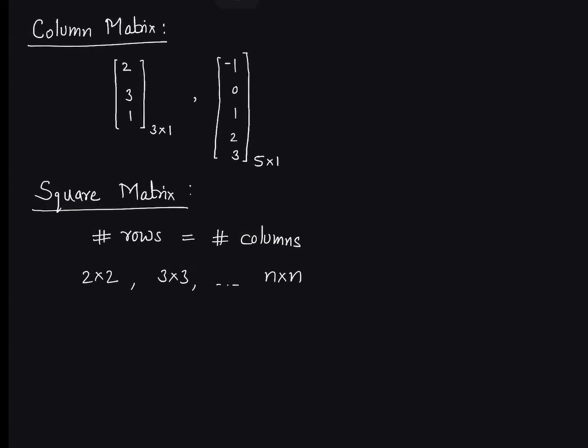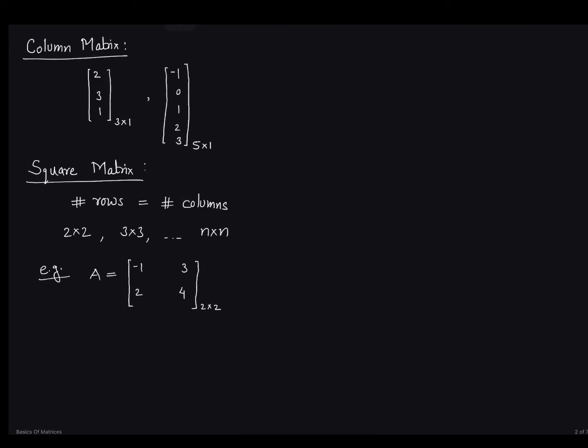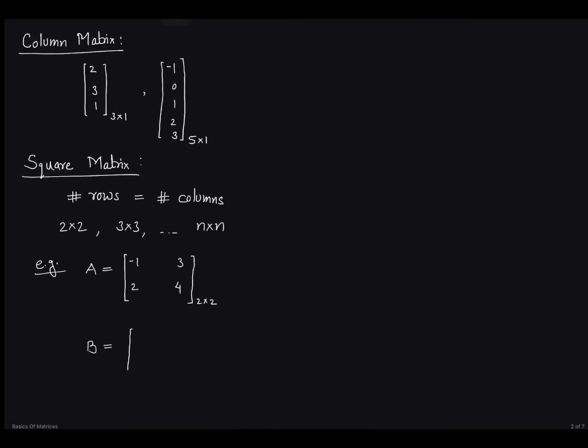For example, this is a square matrix of order 2. And this matrix has 3 rows and 3 columns, so this is a 3 by 3 matrix. This is a square matrix of order 3, and so on. That means if the number of rows and columns are the same in a matrix, then that matrix is called a square matrix.